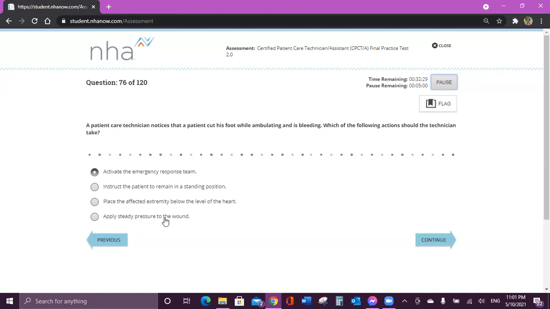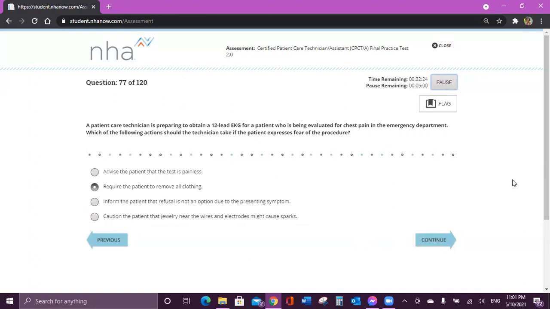A patient care technician is preparing to obtain a 12-lead EKG for a patient who is being evaluated for chest pain in the emergency department.